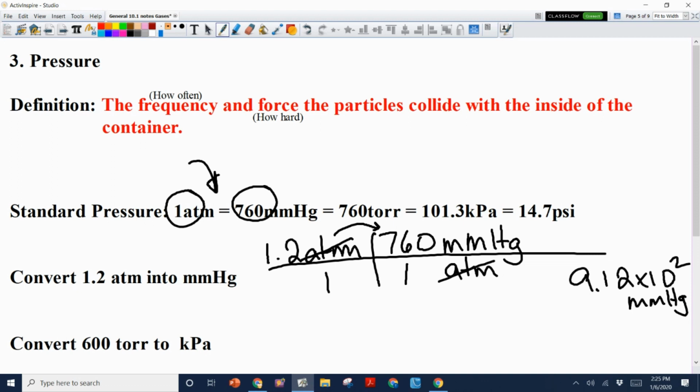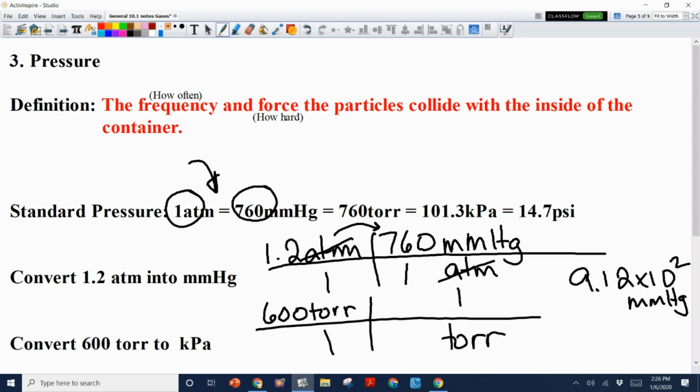So converting 600 torr to kilopascal, start with your given, which is 600 torr, put it over 1. We want to get rid of torr, so we're putting it on the bottom. Kilopascal goes on the top. Okay, so 760 torr is equal to 101.3 kilopascals.